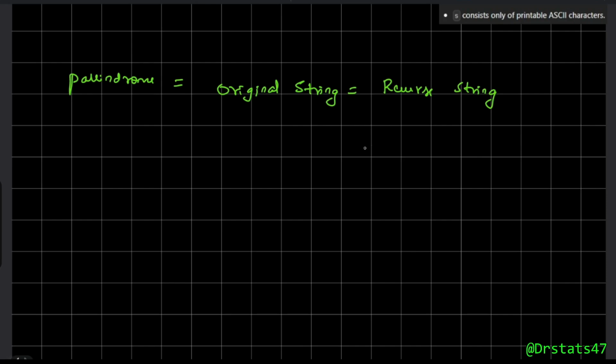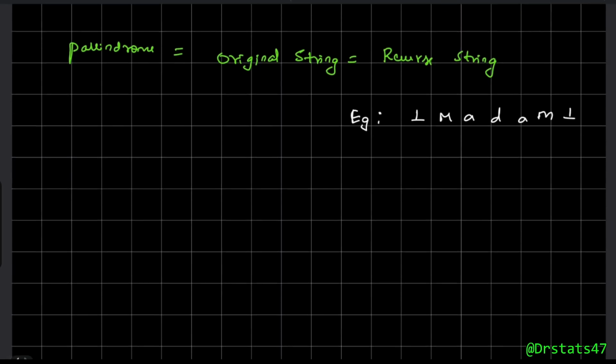For example, the input string will be like this: 1 m a d a, small letter m, and then 1. A mixture of alphanumeric characters will be given in the input string, and we have to check whether it is a palindrome or not.